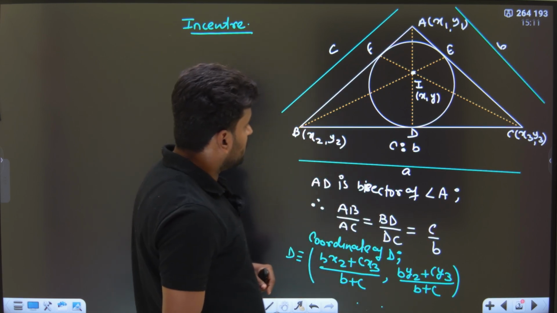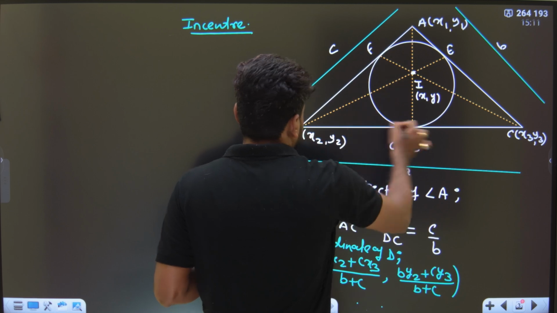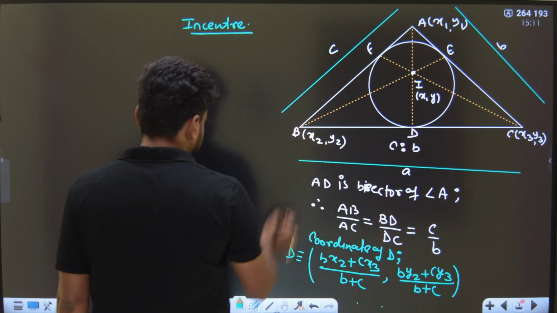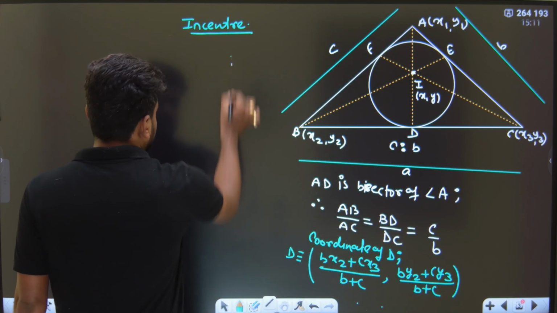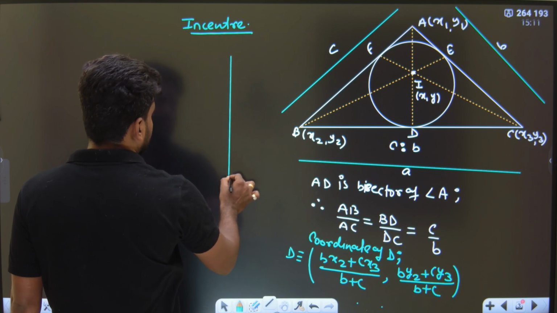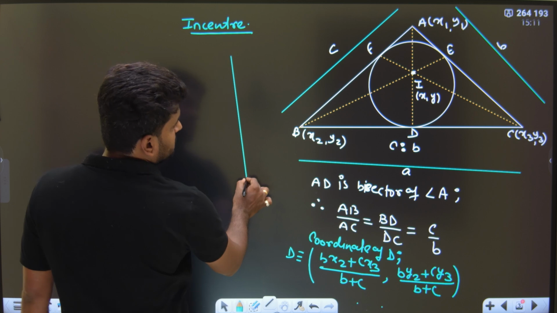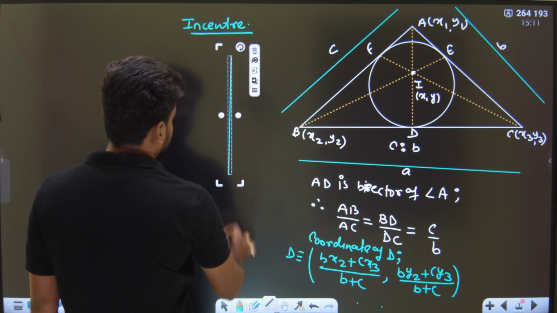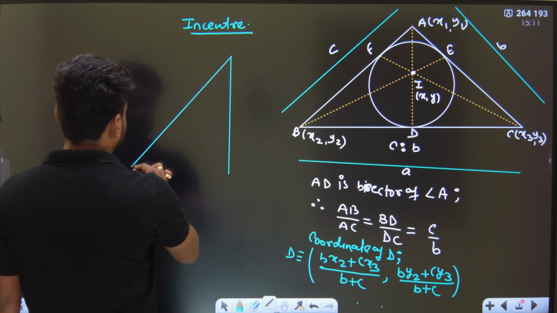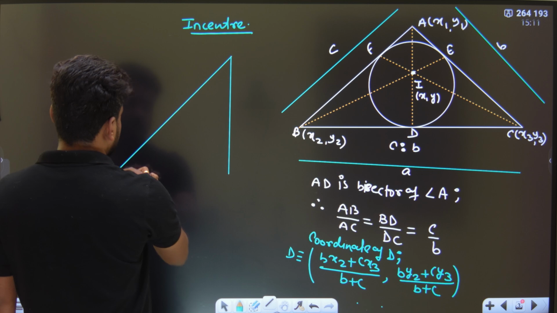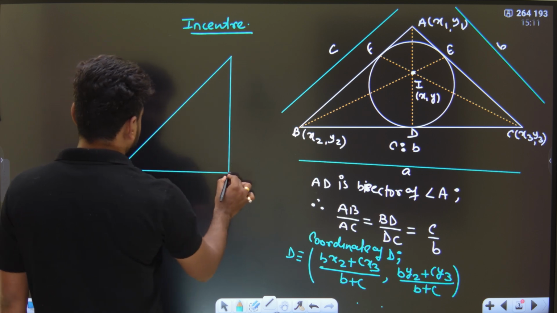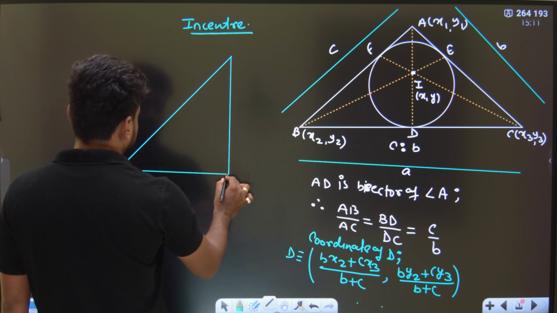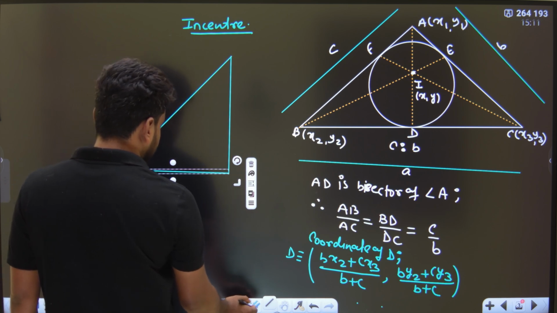For this you can see this triangle. I'm making a triangle here. Suppose this is your triangle. Mind it, this is not a right angle triangle.